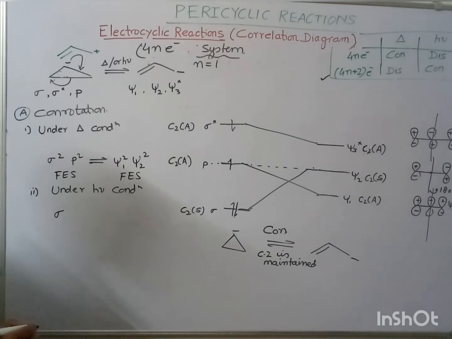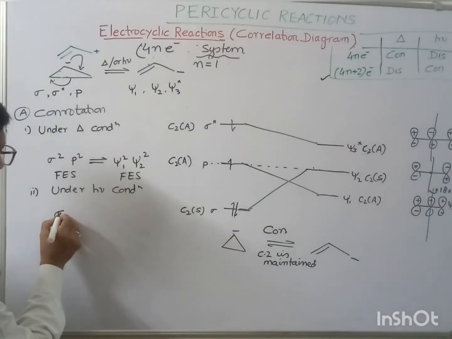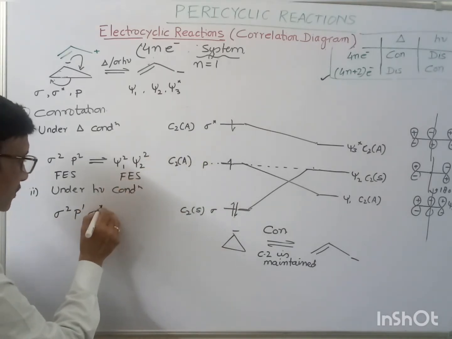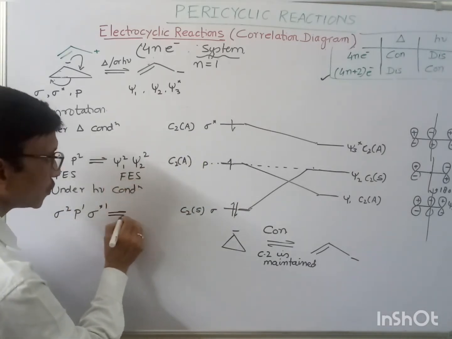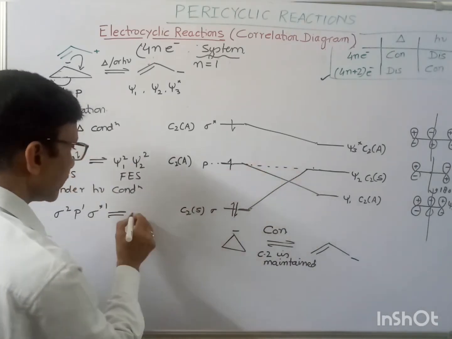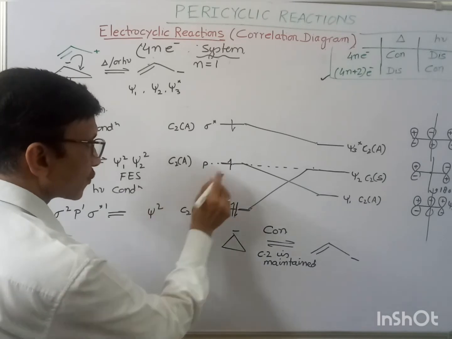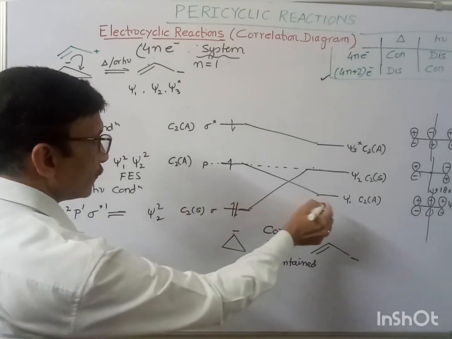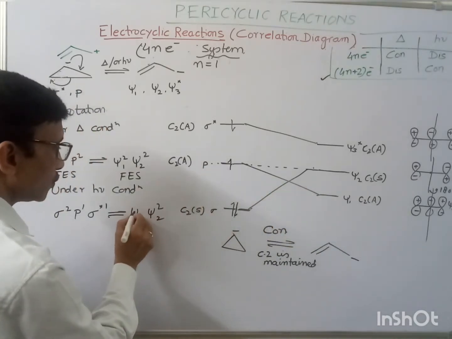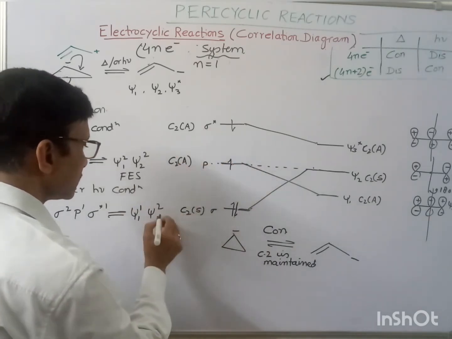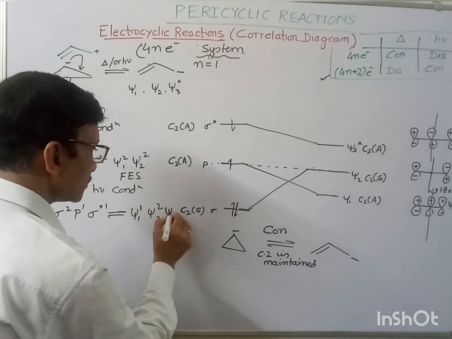So in psi 2, p is having 1 electron, sigma star is having 1 electron. The sigma electron is going into psi 2, the p electron is going into psi 1, and this sigma star electron is going into psi 3 star.